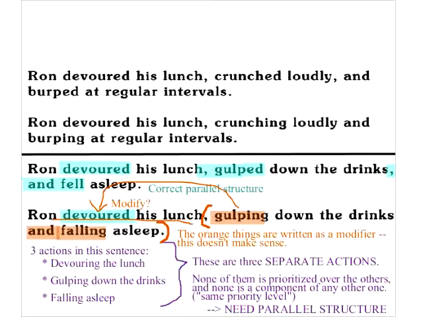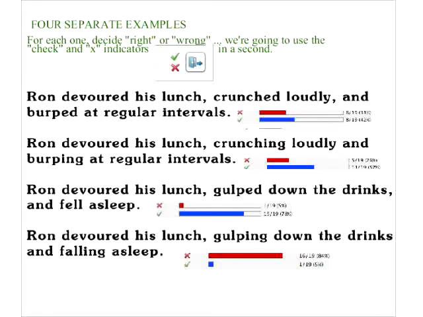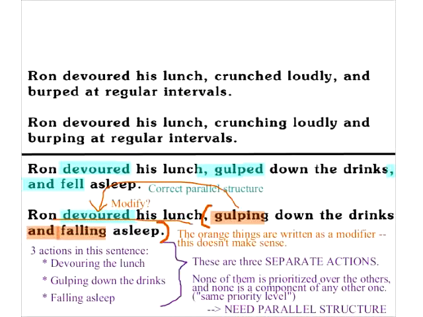Okay, now let's go to the first two. As far as the first two are concerned, we were very split. We had close to a 50-50 judgment on these, but there were a number of people who thought that both of them were fine. So they're not both fine. Let's look. There's three actions in this sentence. Let's talk about what they are.